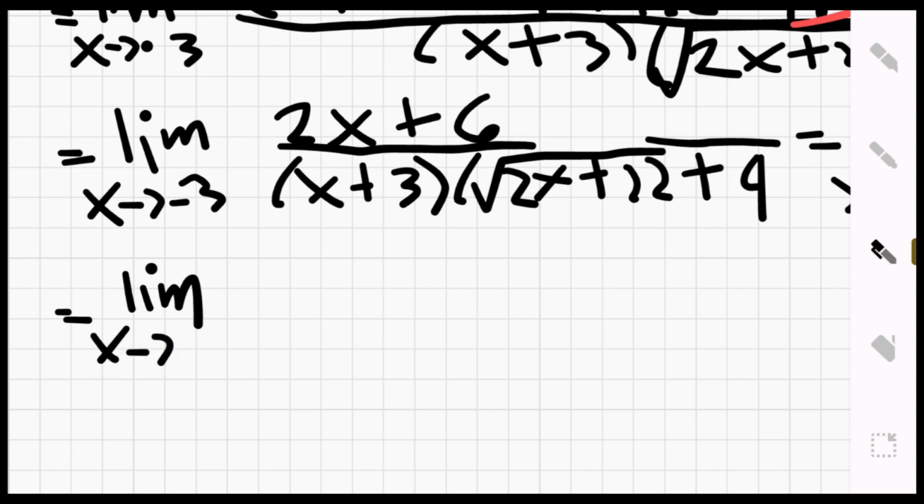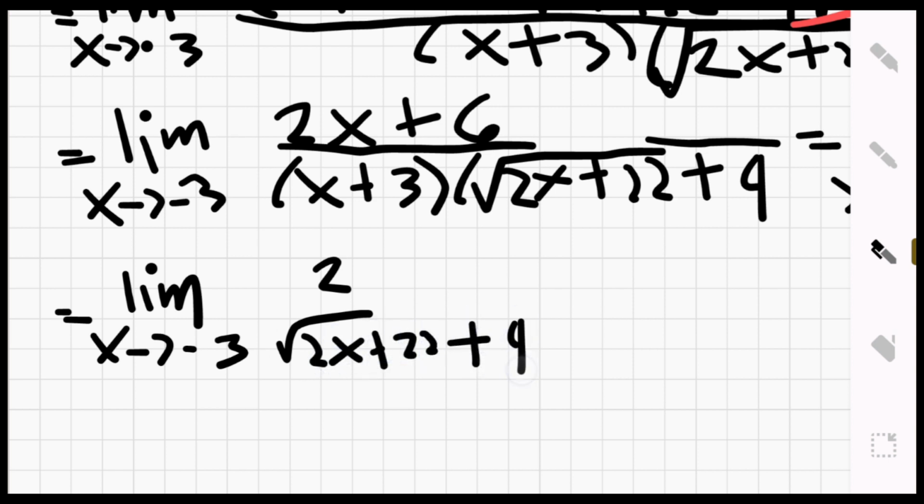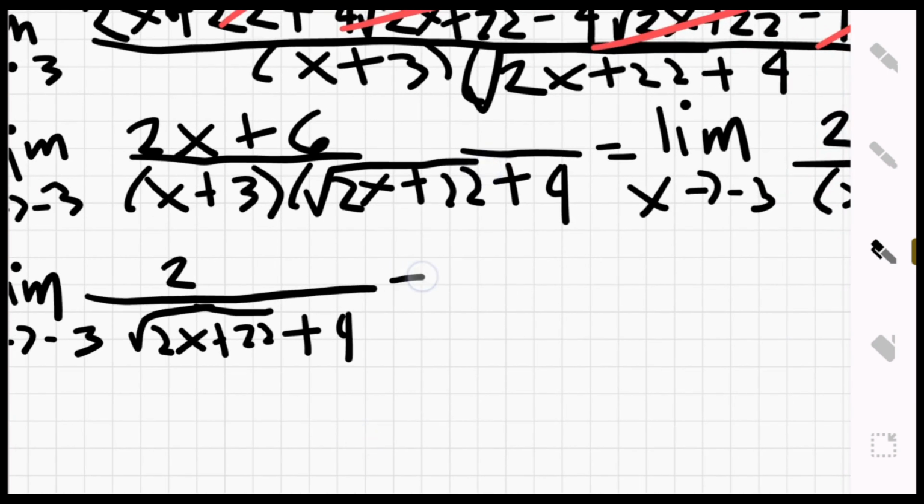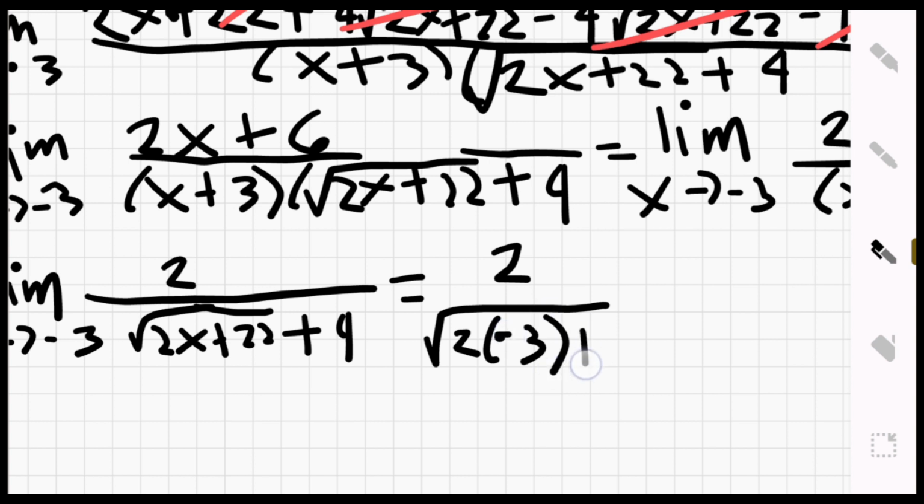And now we have the limit as x approaches negative 3. We have 2 in the numerator over square root of 2x plus 22 plus 4. And then what we're gonna do is we will substitute the value of x by negative 3.